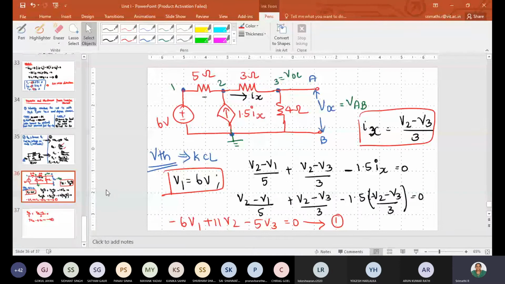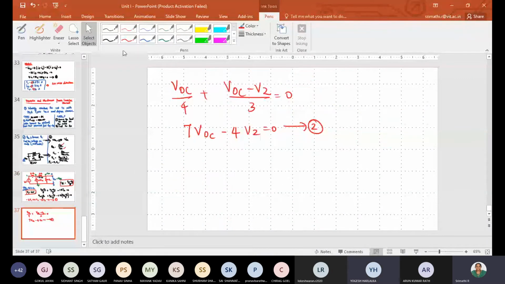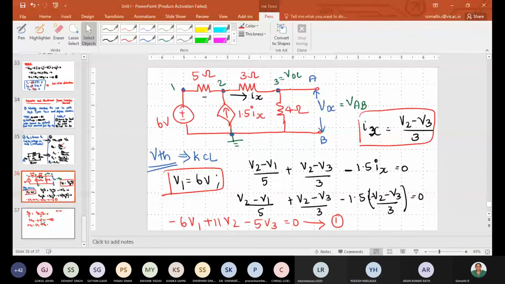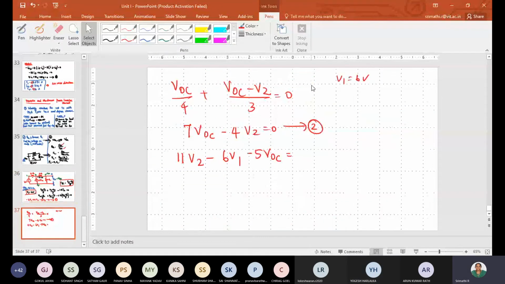Repeat equation number 1 again. V1 is equal to 6 volts. No, the second node equation. The second node equation: 11 V2 minus 6 V1 minus 5 VOC is equal to 0.